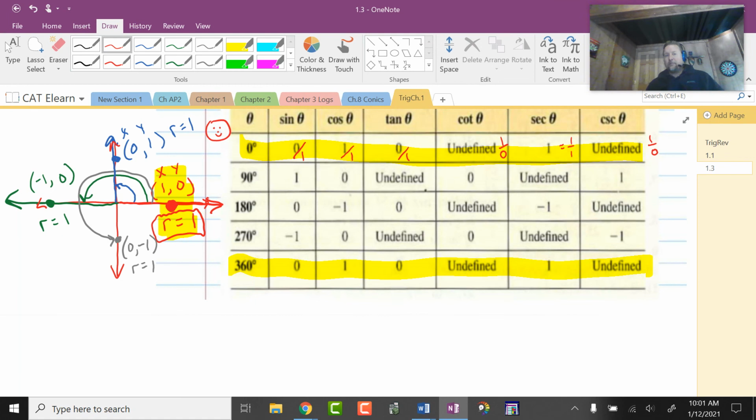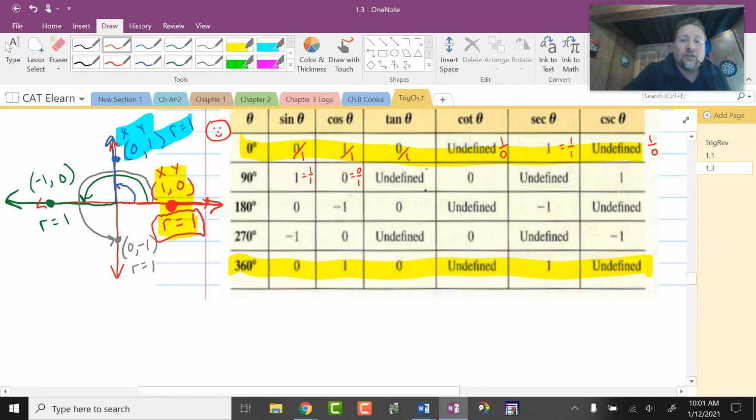All right, so I just went through 0 and 360. When I look at the blue, I said I wasn't going to leave this up here. I see people furiously writing it down. Sine is y over r, which is 1 over 1. Cosine now is x over r, which is 0 over 1. There's a change.